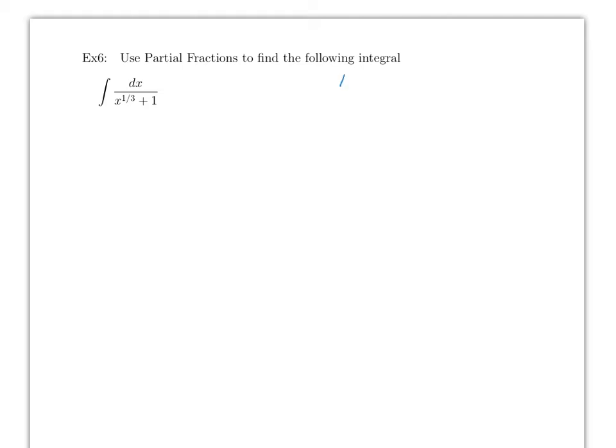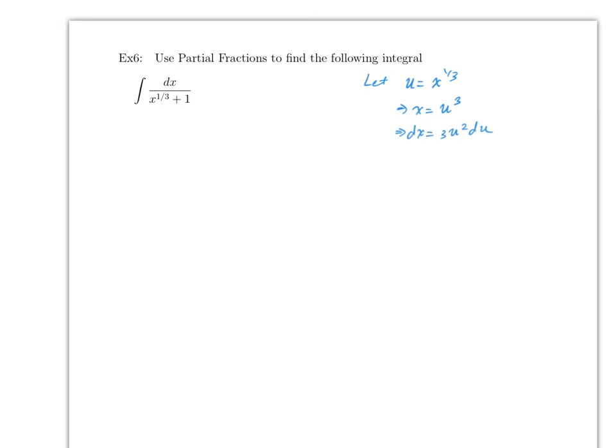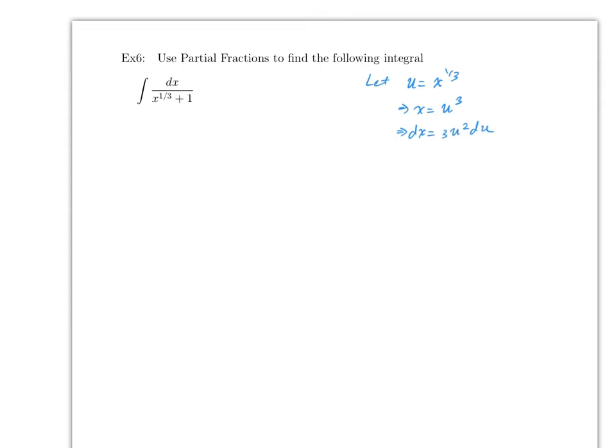You're going to start with the following substitution. Let u be equal to x to the 1/3. So that means that x is equal to u cubed. Okay, basic algebra. So that means that dx is equal to 3u squared du. Okay, basic calculus. So then we are going to rewrite the integral.